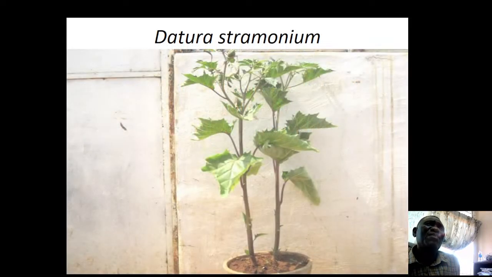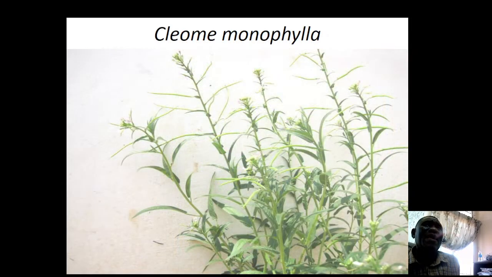Datura stramonium can also do this by splitting its fruit and broadcasting the seeds around the plants. Spindle pod has got elongated pods, which when mature can also split and scatter the seeds around the plants.